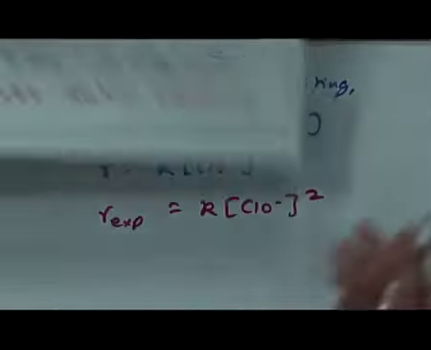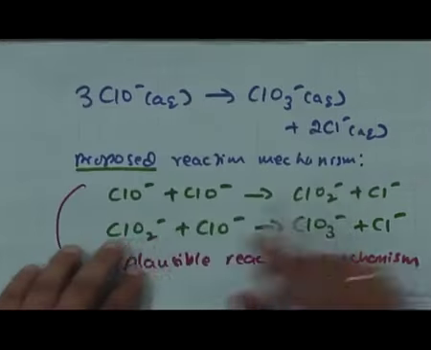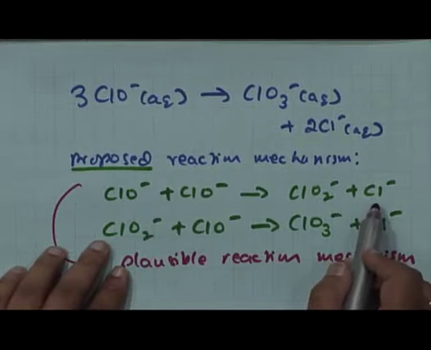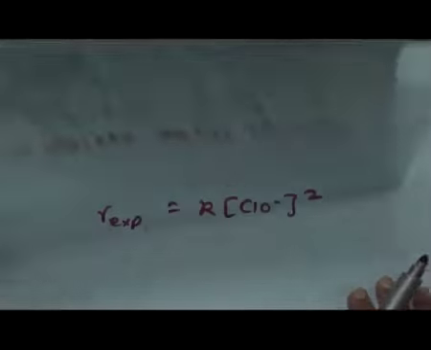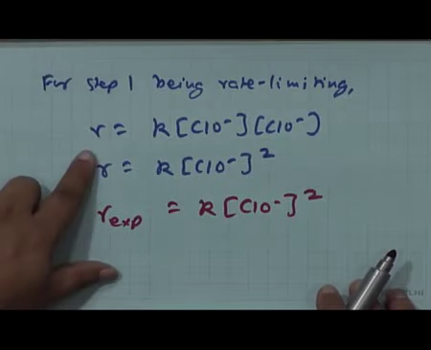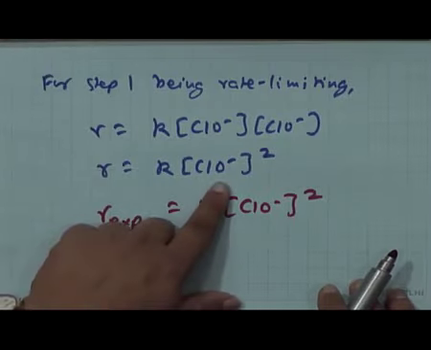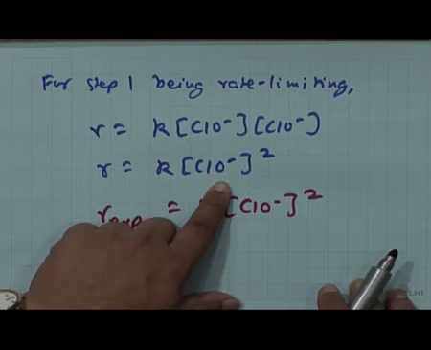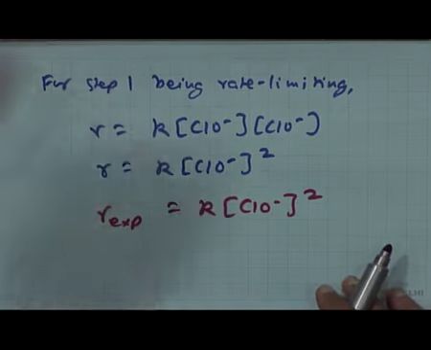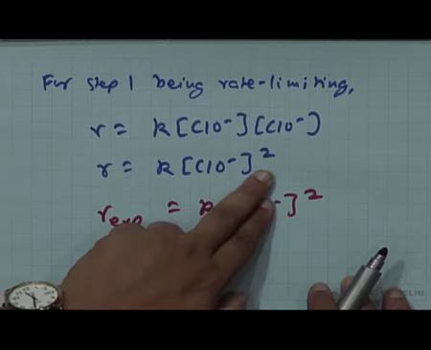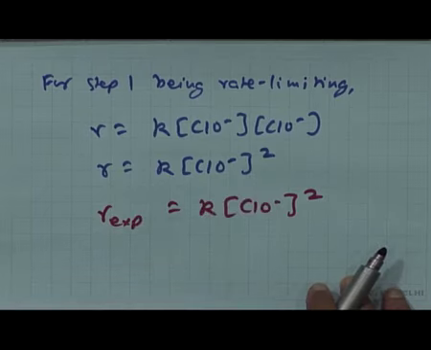Why do we say so? Because if this were the rate limiting step, then R would have been predicted to be K times ClO minus squared, right. This being an elementary step, overall order is equal to the molecular order of the reaction.